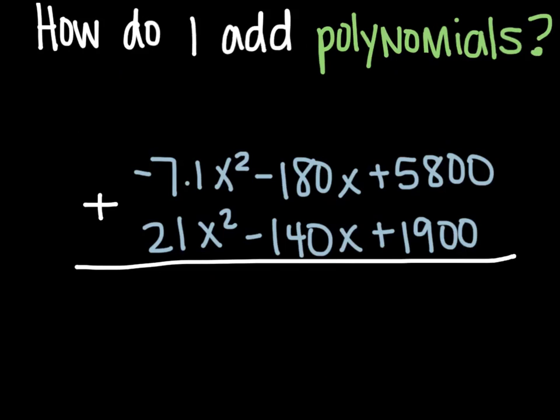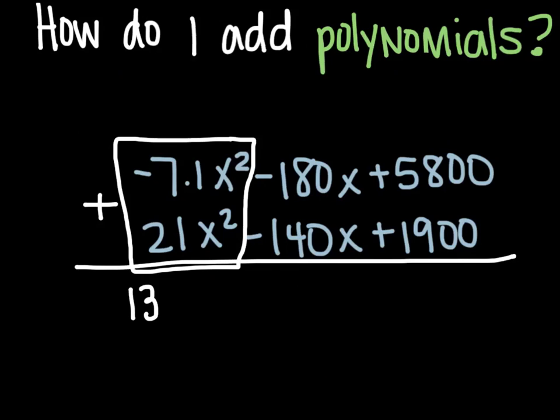In this example, the terms are already lined up by like term for you, but if that's not done for you, you're going to have to do that on your own. And then you chunk, so you're adding the like terms. So I have negative 7.1x squared and then 21x squared. That will give me 13.9x squared.